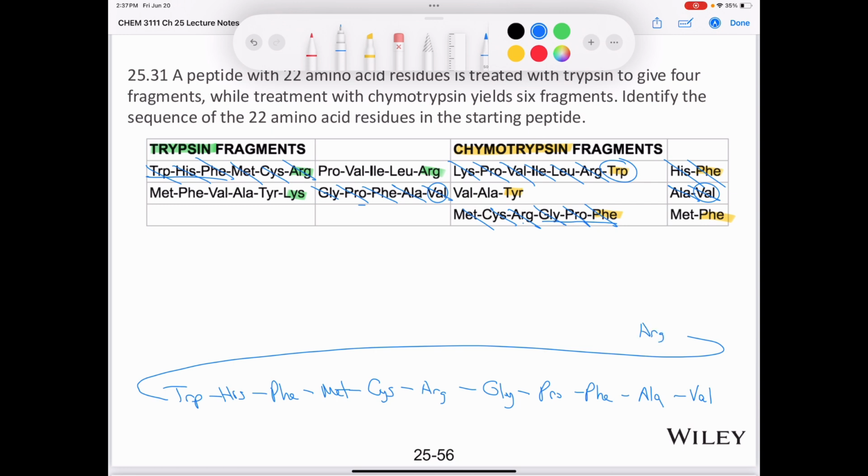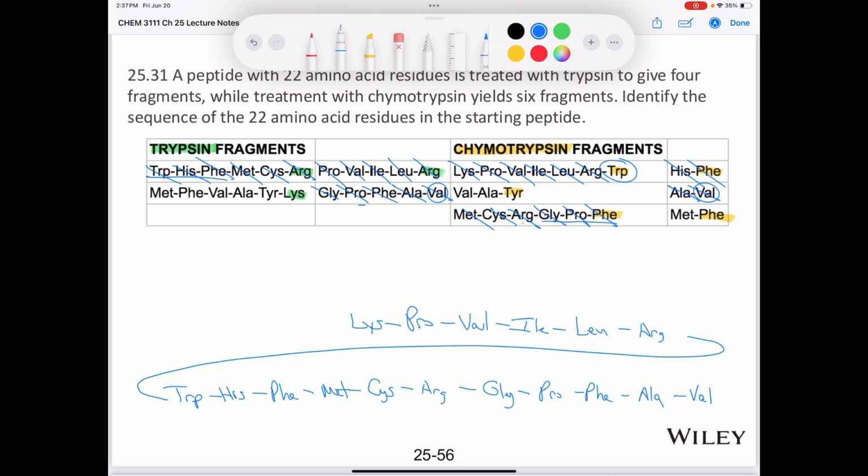So arginine, leucine, isoleucine, valine, proline, and lysine. Okay. And so we see those ones right here as well. Leucine, isoleucine, valine, proline.